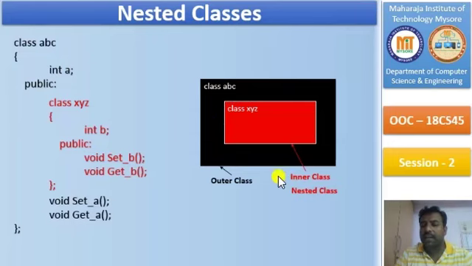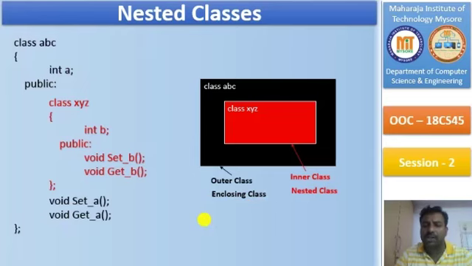In other terms, I can call the inner class a nested class also, which, technically speaking, we should call it, rather than inner class, which is a non-technical term. The outer class we technically term the enclosing class.